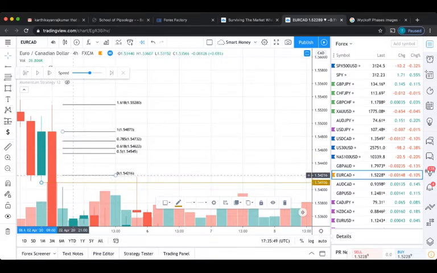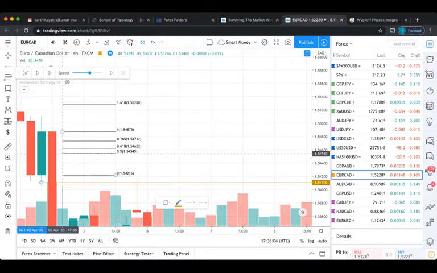Now, whenever it does come to how far it will go, it definitely probably won't go any farther than halfway through the wick or halfway through the body of the candle. I still believe that. So I'm going to throw a ray right there, right? And this ray is going to go right through the middle.